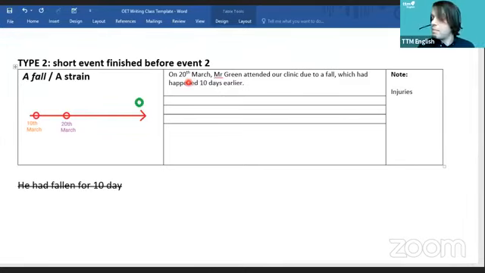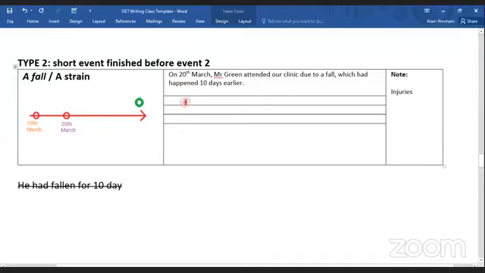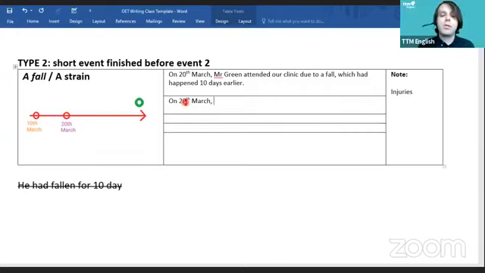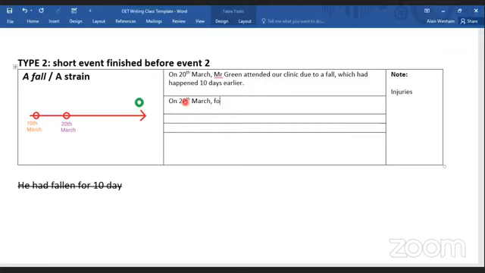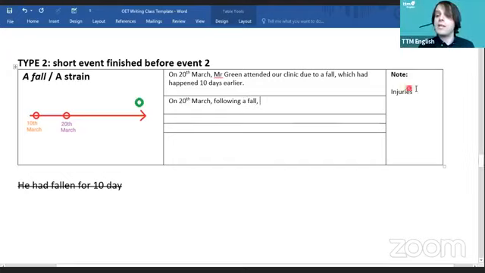Now, can I use anything else? What about other time things here? Can I ask a question? Yes, please. Can I say on 20th March, Mr. Green attended our clinic following a fall? Yeah, you can. There are alternatives to past perfect, like a history of.